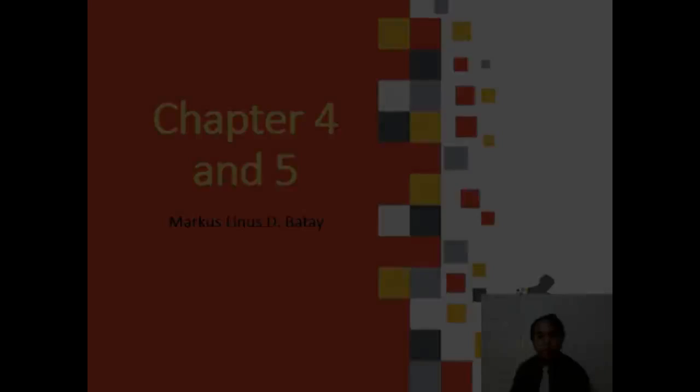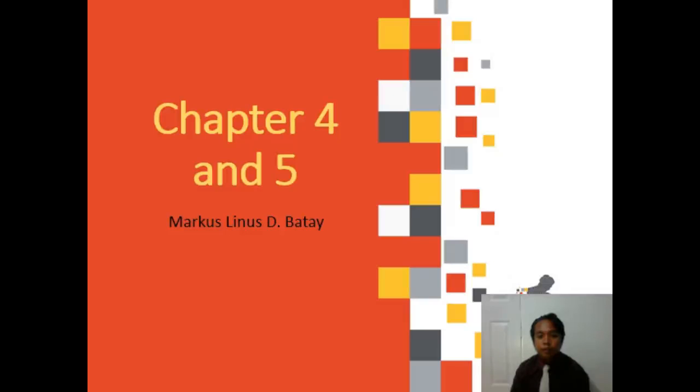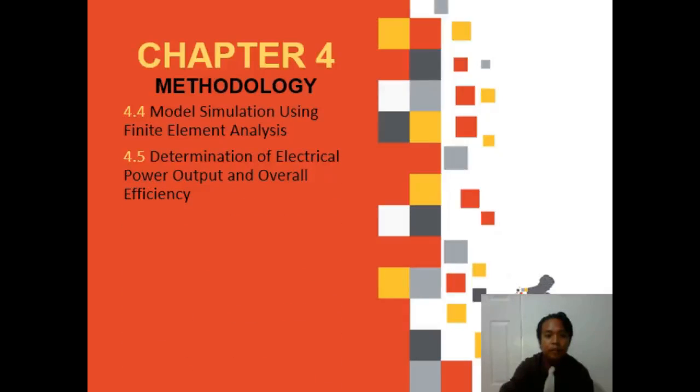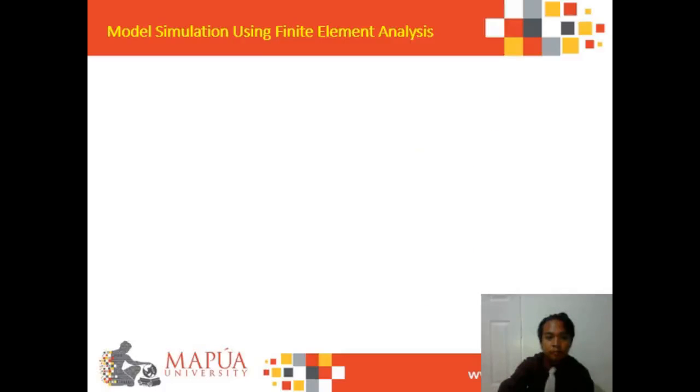Greetings, I am Marcos Linesbat and I will be reporting about chapters 4 and 5. Chapter 4 is methodology. I'll be reporting about the finite element analysis and the determination of electrical power output and overall efficiency.